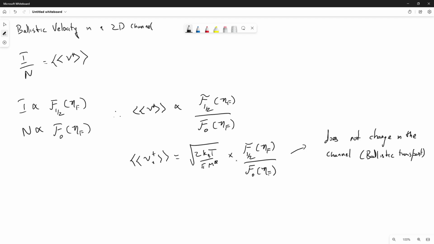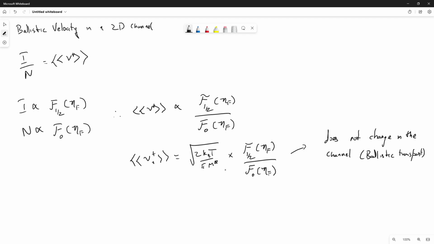Therefore, where in the channel is this velocity achieved? Not where the electric field is maximum, but where the electric field is zero.